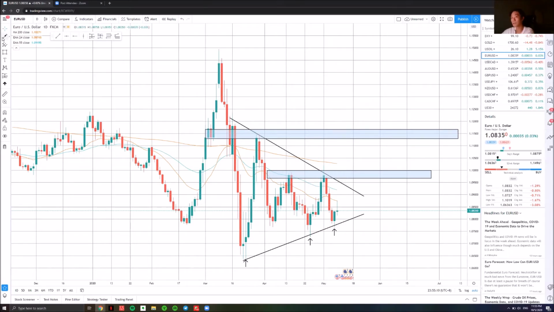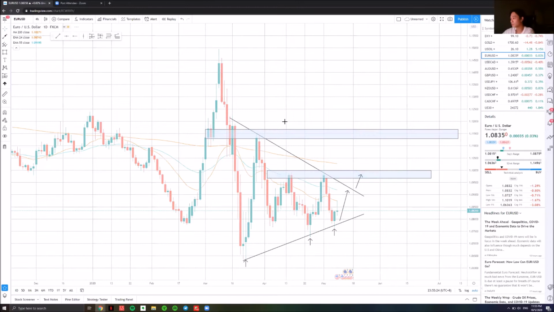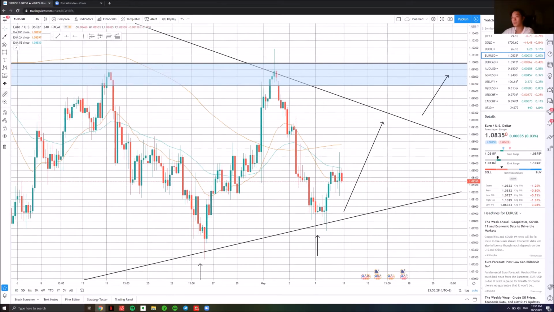And first of all, I think the first resistance would definitely be this downtrend. And if it breaks above this, then there is quite a strong supply zone here. Trading plan wise, we can see that previously if there is a downtrend, it goes into a consolidation first.